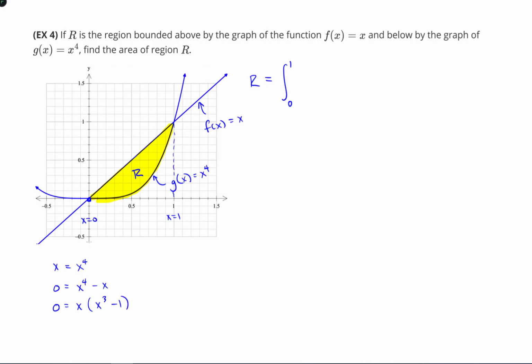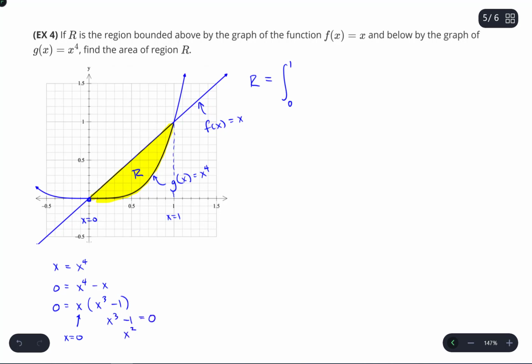And so this would lead to x being 0. And if I took x cubed minus 1 and set that to 0, I could say x cubed equals 1, or taking the cube root of both sides, x equals 1. All right, so that gives me those 2 points. You can always find the intersection of two curves by setting them equal to one another and solving.